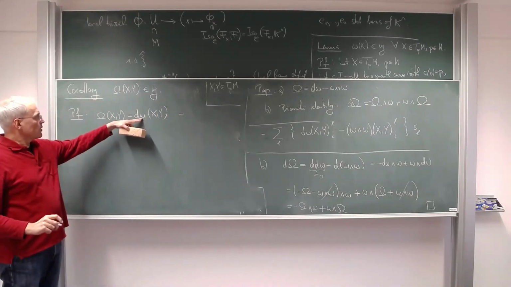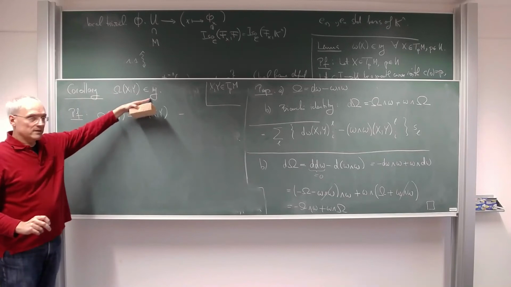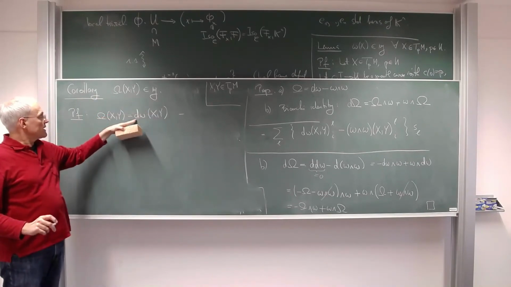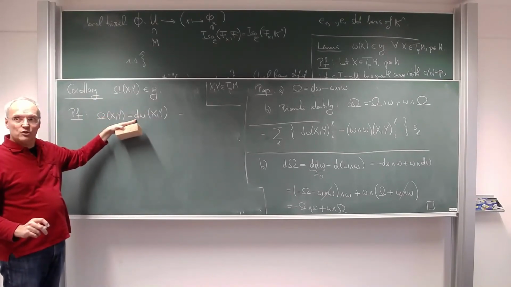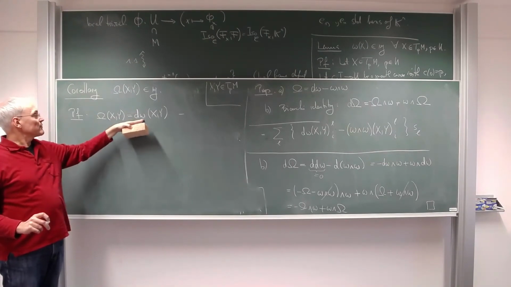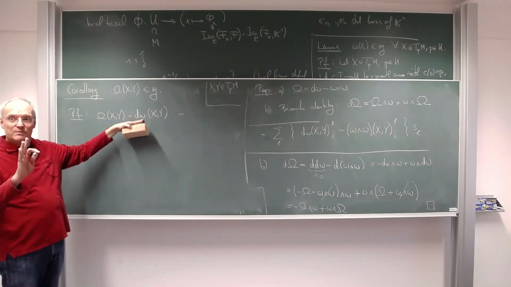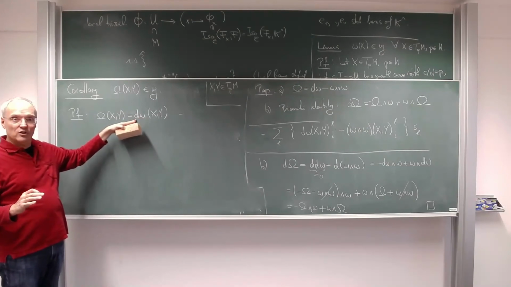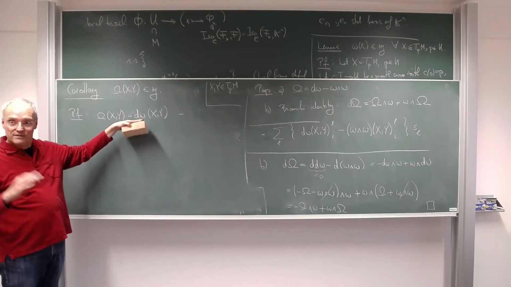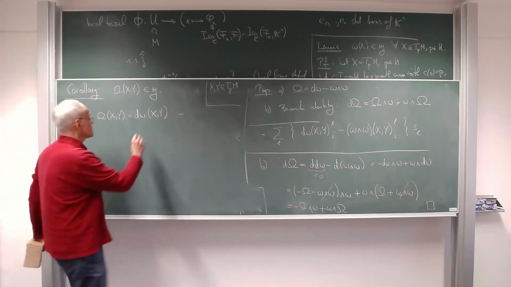Now, little omega takes its values in g. Now I apply this differential operator to it, element-wise, and if little omega takes its values in the linear space and I apply the linear differential operator to it, then this will be again in the same linear space. So that is certainly in g.